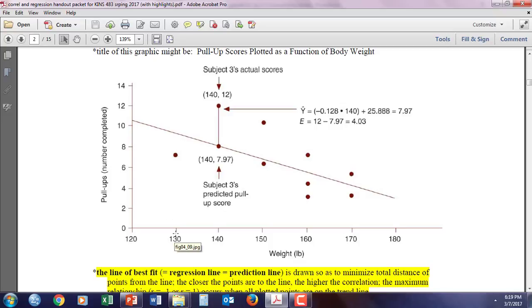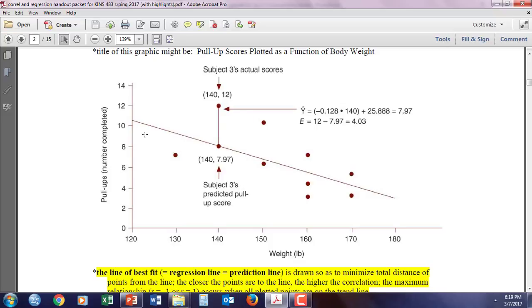So I would imagine that if we looked at the table above, you'd see a subject who weighed 130 pounds, who did, it looks like, approximately 7 pull-ups. Whereas we had a subject who weighed 140 pounds, who did 12 pull-ups. His point is depicted right here.